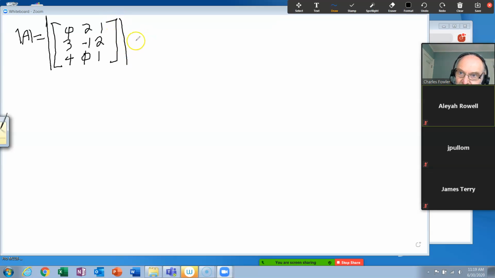What they told us to do was start with the entry A11. That's a 0. But since this is our first time doing it, I'll write it down. That would be 0 times the cofactor of that entry. You wipe out the first row and the first column, and you do the determinant of this minor.